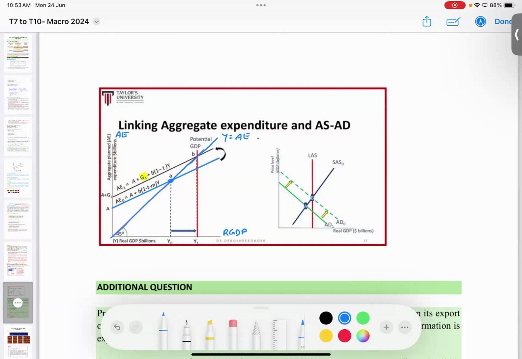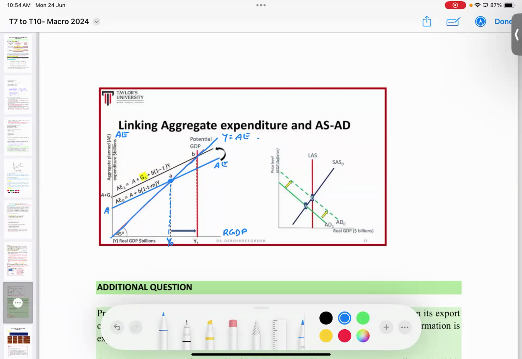So at first you're operating at point A. This is your aggregate expenditure, the blue one, at this output, Y0. And what is this A here? A is the autonomous expenditure.